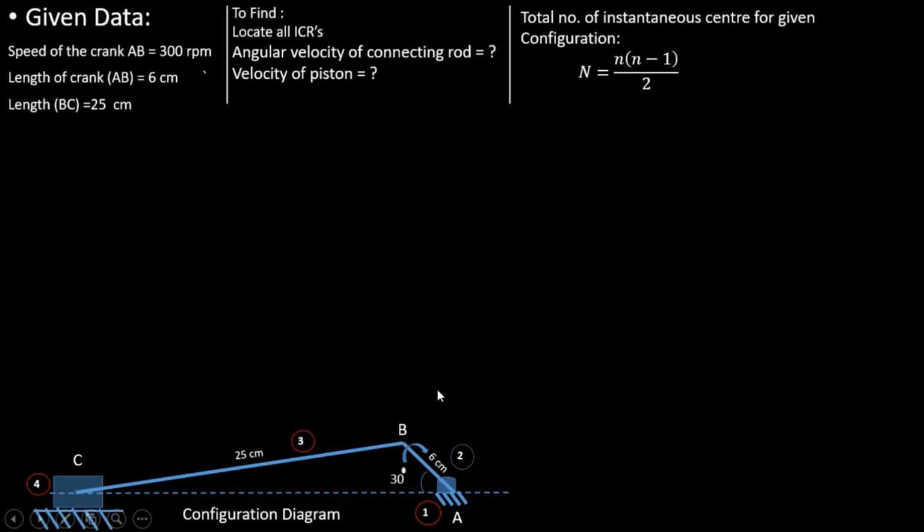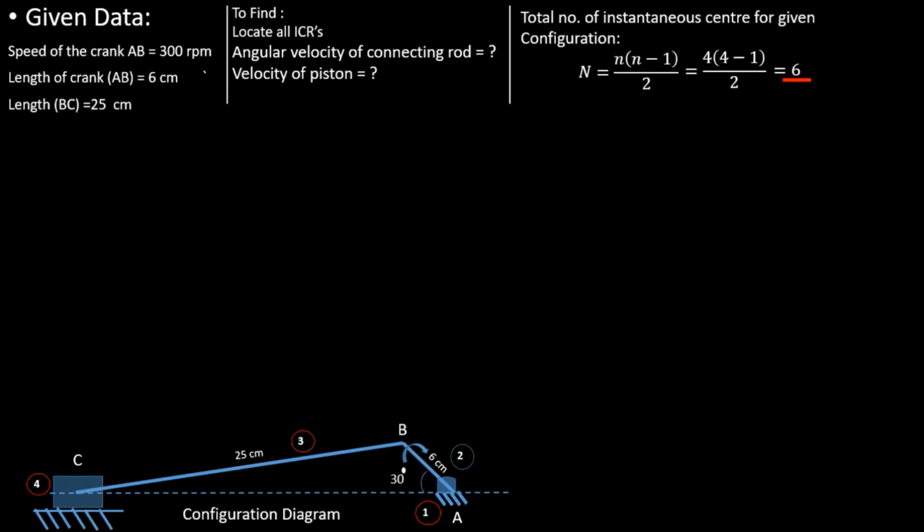So here we are having total 4 links, so put the value of small n as 4 and calculate the number of instantaneous center for the given configuration. So we have put the value of n 4. So finally we get the value of capital N as 6. So for this configuration we are having total 6 instantaneous center.